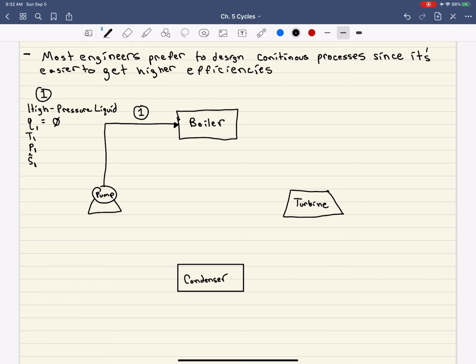This high pressure liquid is fed into a boiler, and in this boiler some heat, QH, is put into the process from a hot reservoir. This heat heats up the liquid and causes it to evaporate, so that it comes out of the boiler as a high pressure vapor.